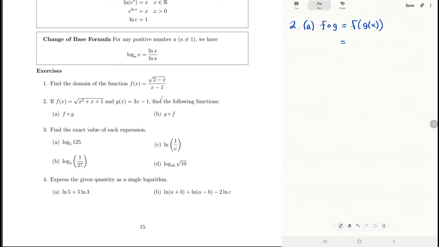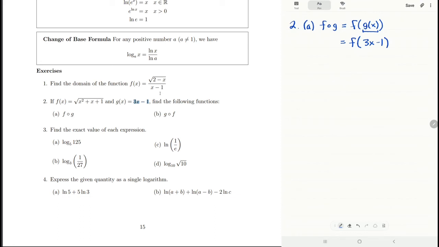So to find the composite function, we will first look at g of x. So we know that g of x is equal to 3x minus 1. So we're going to substitute that into our composite function. So we have f of 3x minus 1.